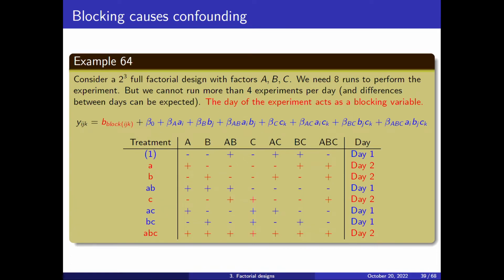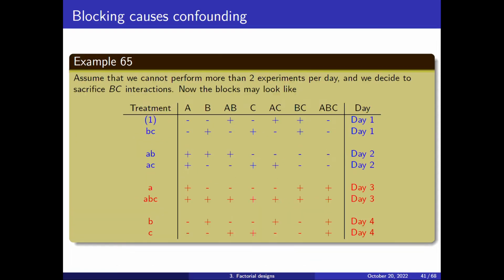So with only one execution of this full factorial design, we are not able to estimate 9 parameters. We need more measurements. We will have to replicate the experiment again so that we are able to estimate the effects of the blocks.